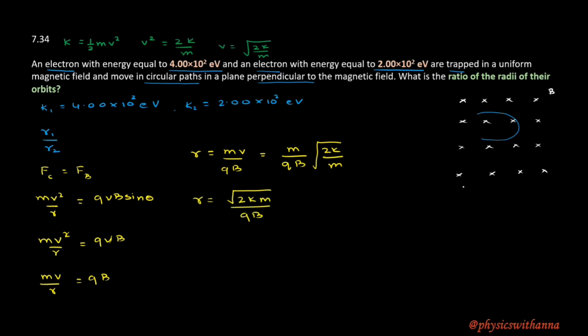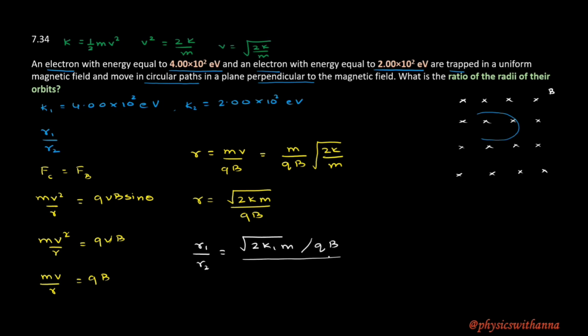Now for the electrons given in the question, their masses are the same, the charge on the electron is the same, and the magnetic field in which they are moving is the same. The only quantity that is changing is their kinetic energy. So when I take the ratio of their radii, there will be only a change in their kinetic energy. So I can write R1 over R2 to be equal to, we write the same expression as it is, square root of 2K1m over qB.